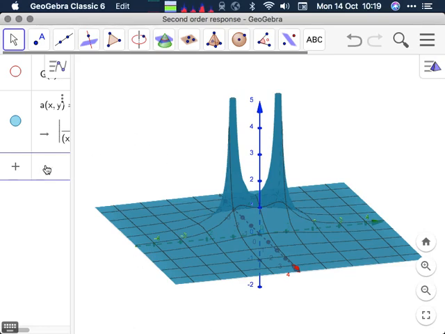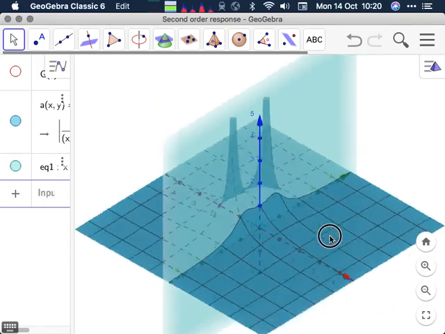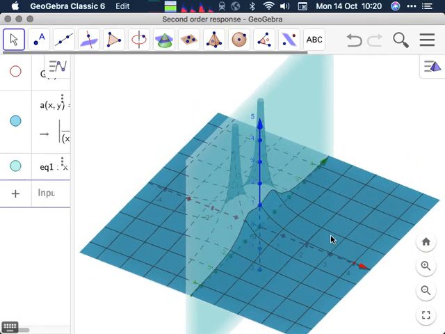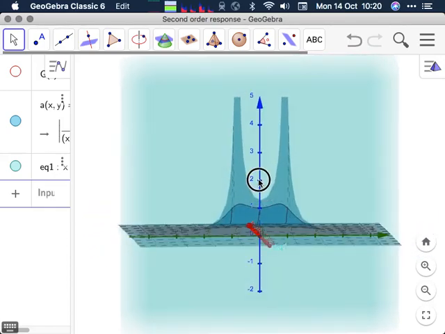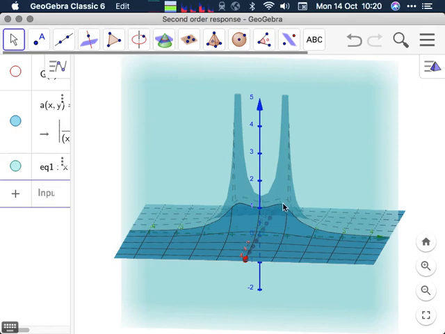And so what we'll end up doing instead, now what I've done there is I've added a plane that's cutting through the complex line. And you can see, if we look at that, that in other words is the magnitude of the frequency response of this system. So that intersection of this full surface with that plane is the frequency response.